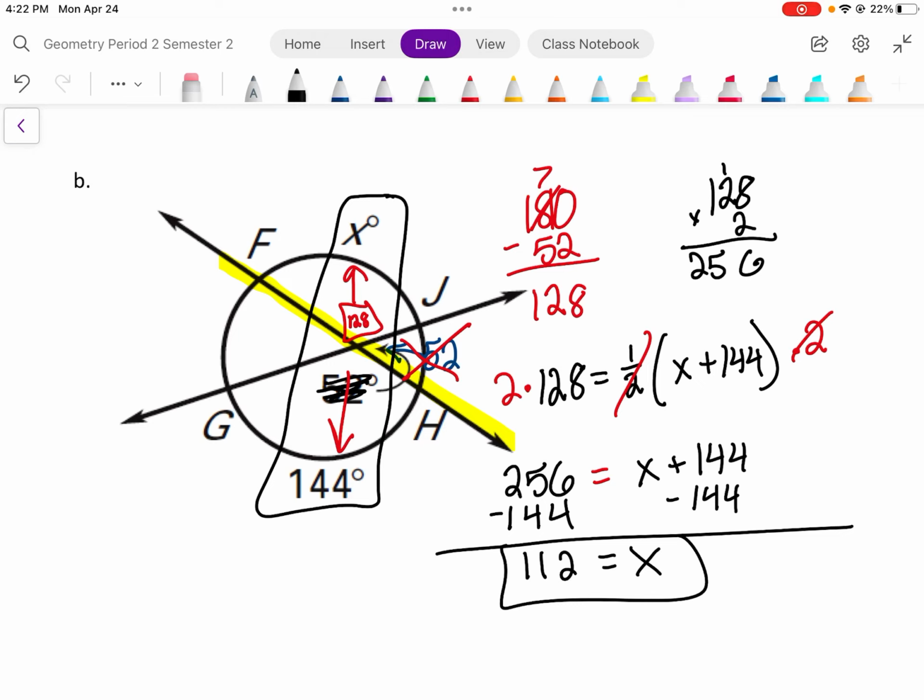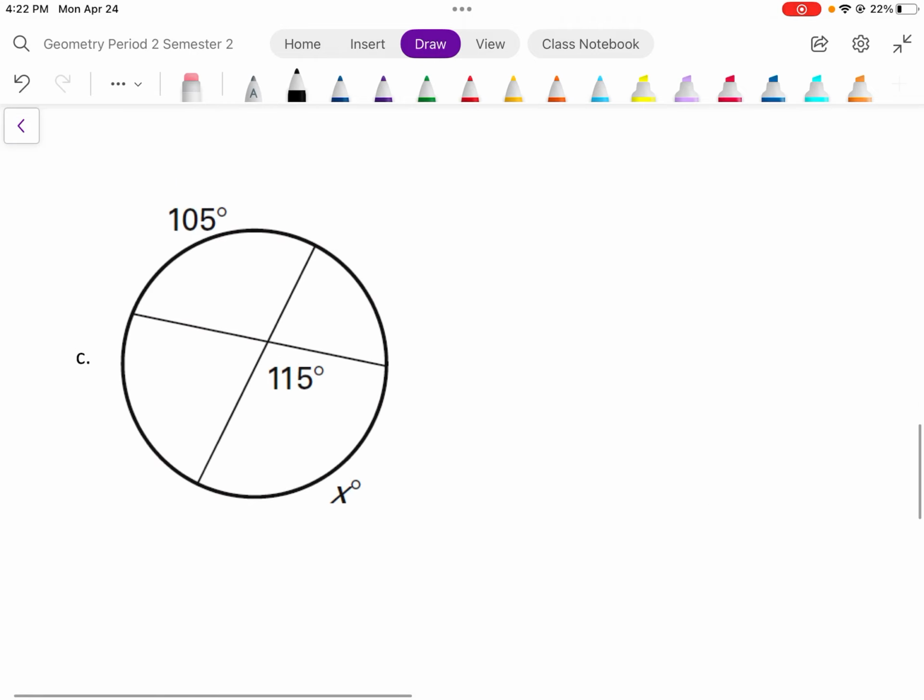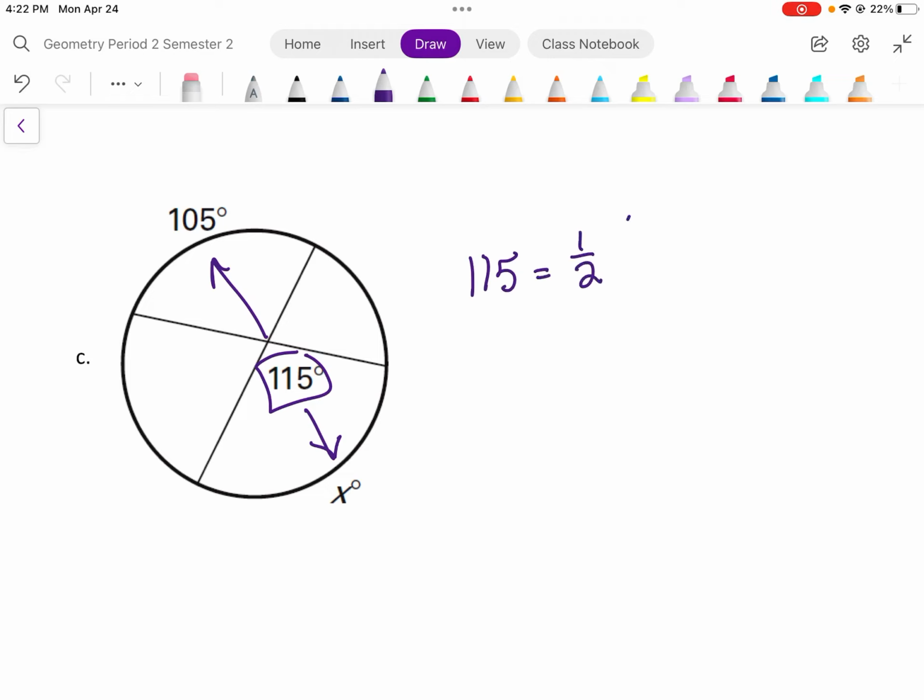So sometimes they will give you all of the pieces you need. Other times you are going to have to find them first. So if we look at our next example, they give us an angle, and we know the two arcs that are opposite or across from them. So we're going to take that angle, and we're going to put it equal to 1/2 the sum, or adding them together.